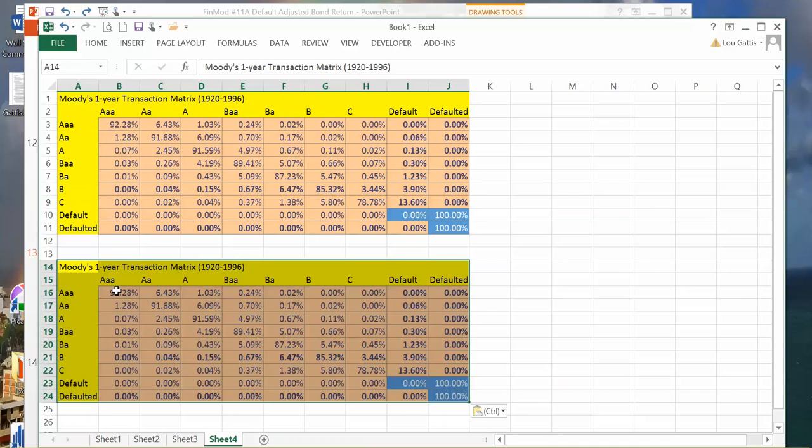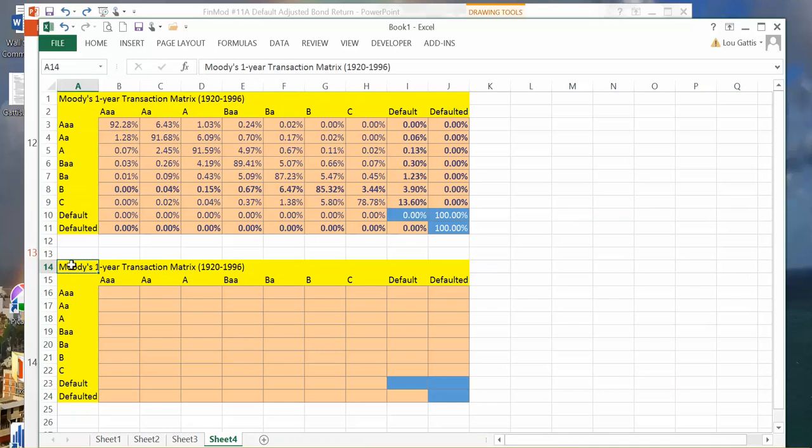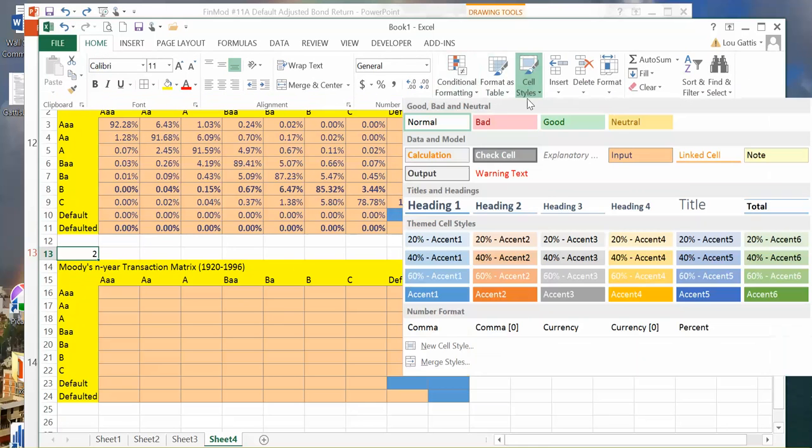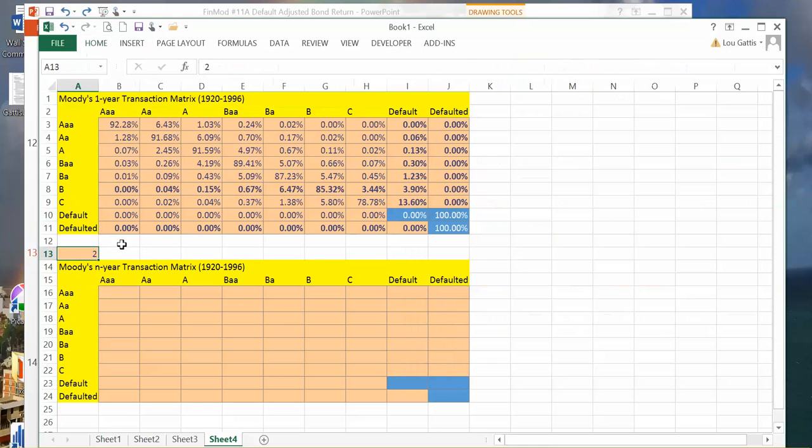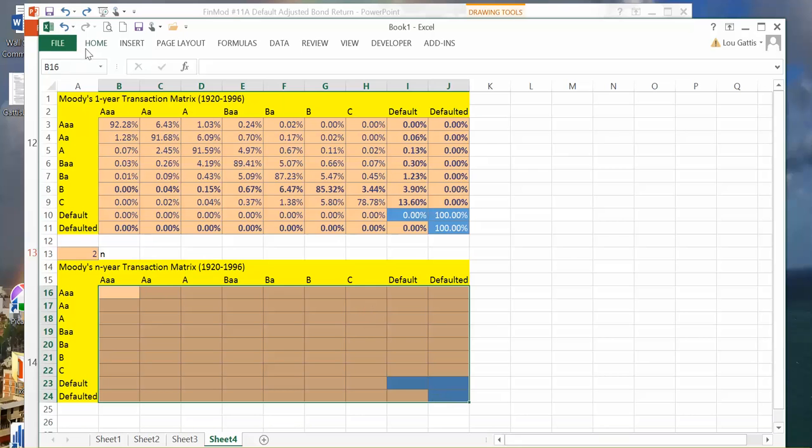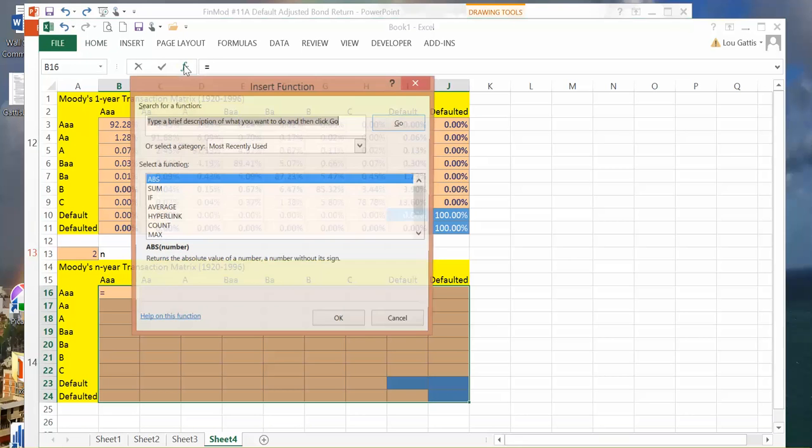I'll delete off this data and calculate an n-year transition matrix, where I'll put my n here. Say I want a 2-year transition matrix. I'll make that n. I can now use the matrix power user defined function.